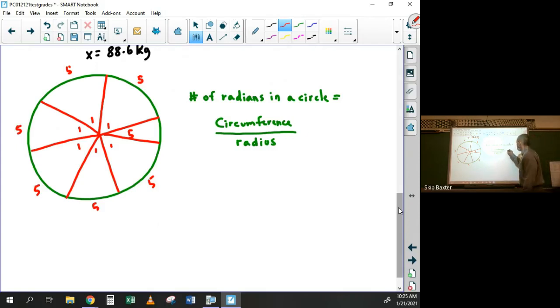But I know what this formula is. This is 2 pi r divided by r, which is 2 pi. So the number of radians in a complete circle is 2 pi. About 6.28, right? 3.14 times 2.